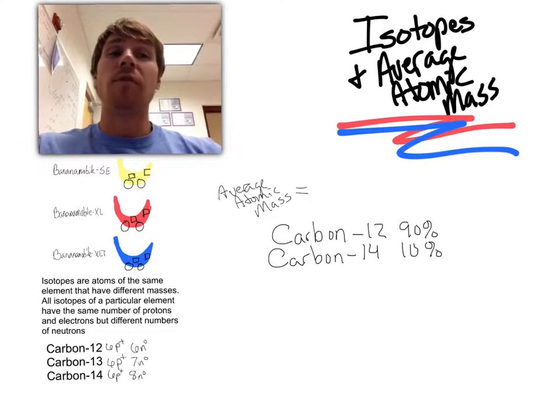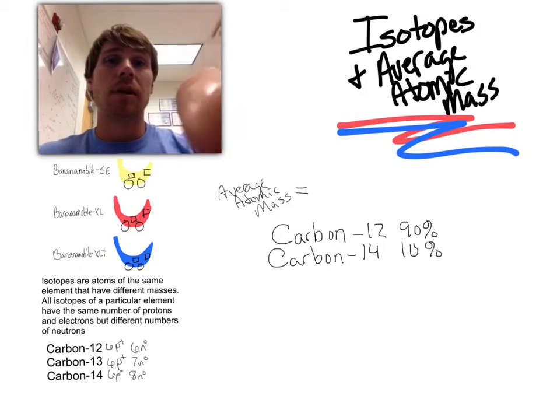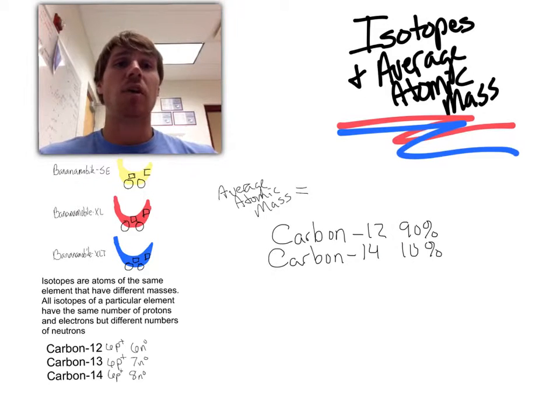Well, if we think about it, because there's more carbon 12, 90% of the carbon in the world is going to be carbon 12. Then we would assume that our weighted average means that most of the carbon atoms are going to be carbon 12 atoms, and only a small percentage, in this case 10%, is carbon 14.